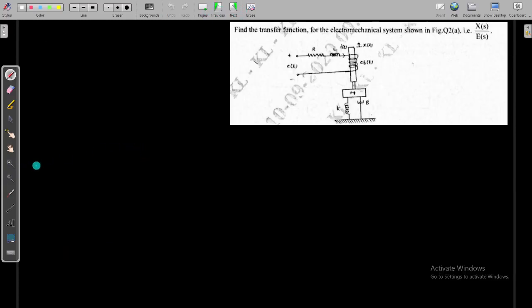This is another question asked in the very latest paper. Find the transfer function for the electromechanical system shown in figure 2a, that is X(s) divided by E(s). So what is the input here? It is e(t), and the expected output is x(t).